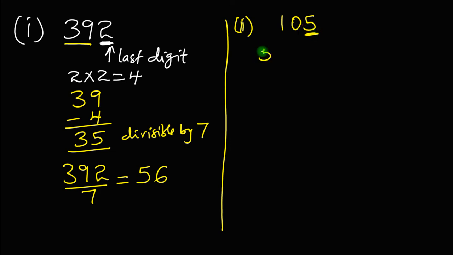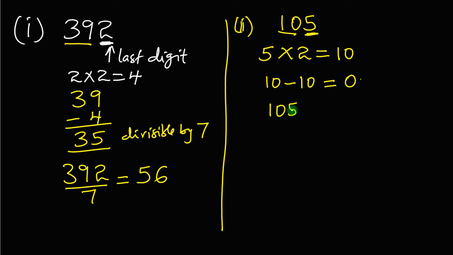If we double the last digit, it will be 5 times 2, which is 10. Therefore, we subtract 10 from the remaining digits. The remaining digits are 10, so 10 minus 10 will be equal to 0. Therefore, also 105 is divisible by 7.